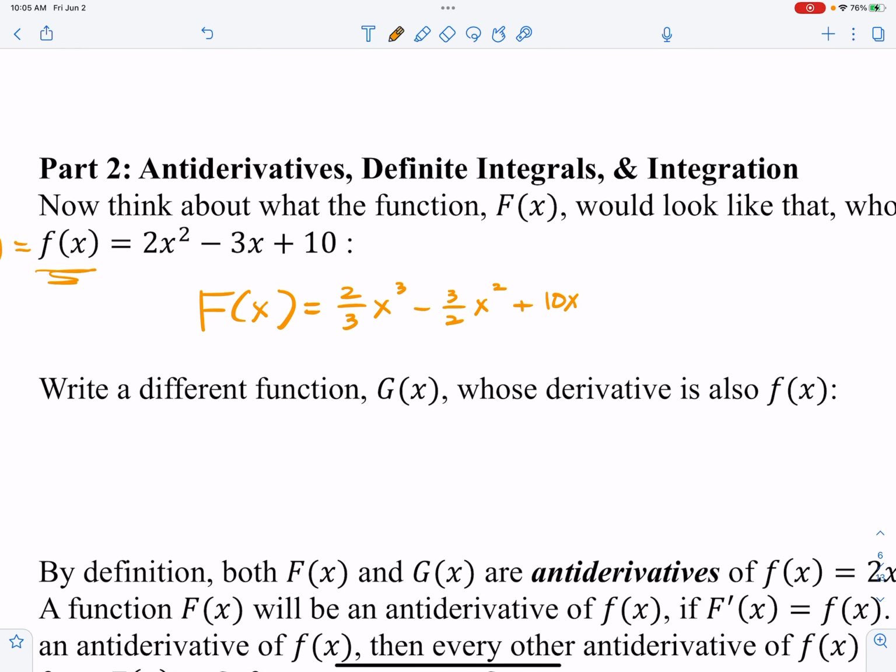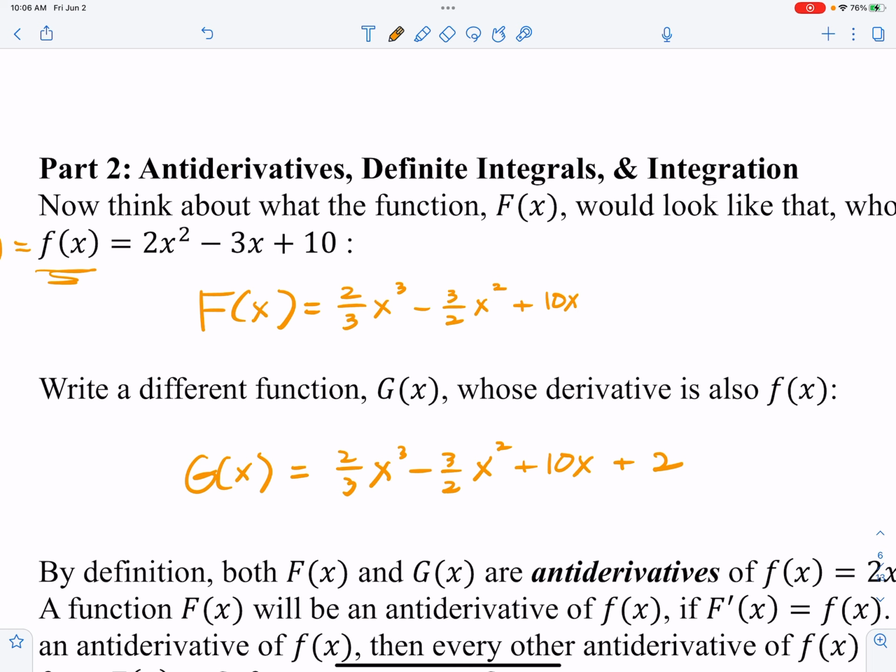So next, let's think about writing a different function, g of x, whose derivative would also be lowercase f of x. Well, we know that the derivative of a constant would be 0. So couldn't we technically just add on a constant, pick some arbitrary constant to add on, and then the function g of x would have a derivative of lowercase f of x, like we could say plus 2.